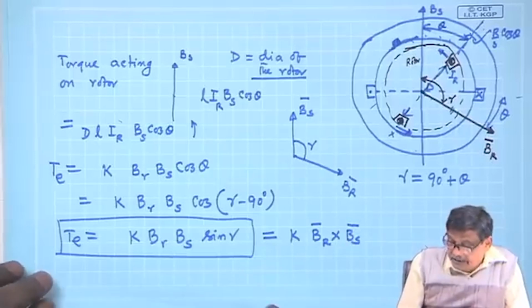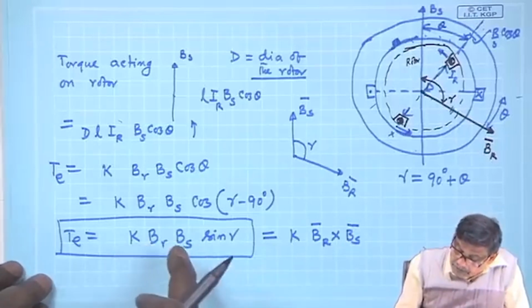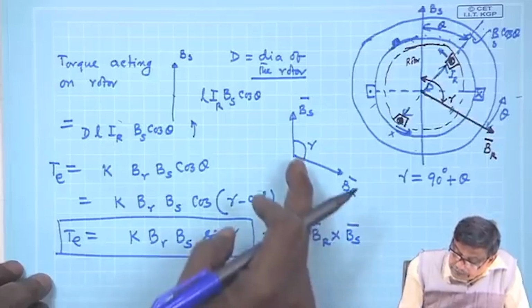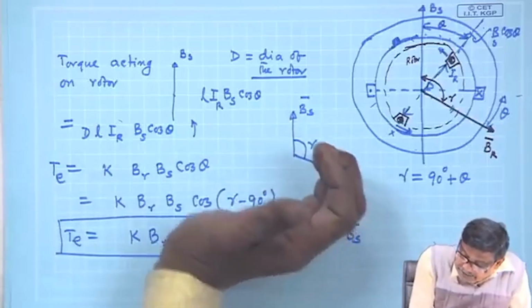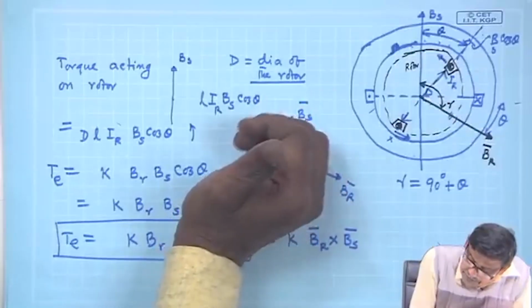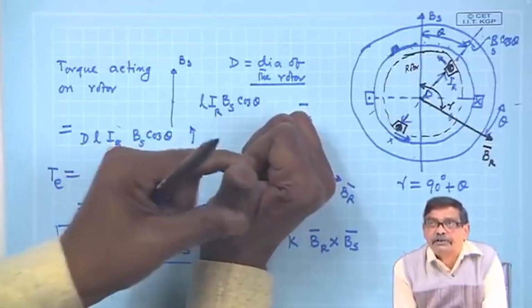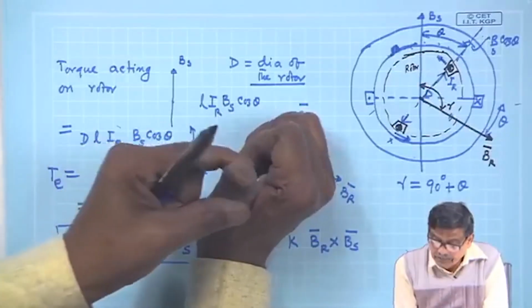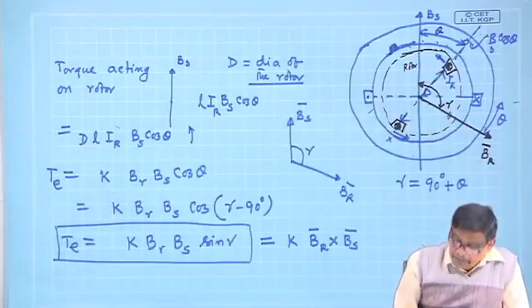A cross B is the magnitude of A, magnitude of B, and the sine of the angle between Br and Bs. And if you take Br cross Bs, the thumb gives you the direction of the torque. Direction of the torque means anticlockwise.